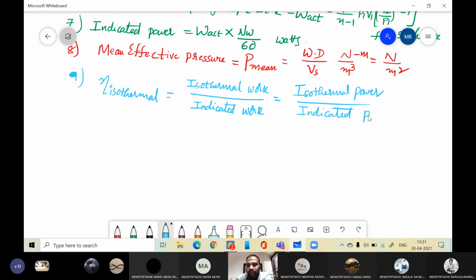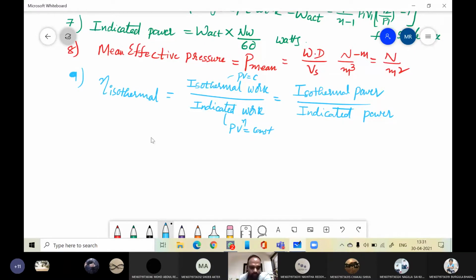What is meant by isothermal work? If the compression is carried out according to the law PV equal to constant, then the work is called isothermal work. And indicated work is when the compression follows the law PV^n equal to constant. So one is work done during the isothermal process and the other is work done during the polytropic process. Is it clear? That is the isothermal efficiency formula.